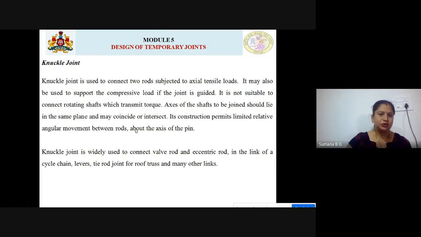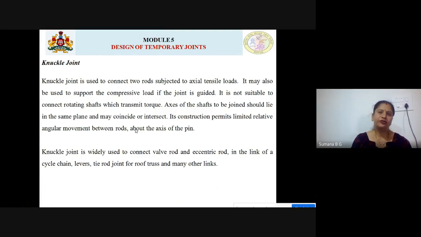Knuckle joint is used to connect two rods subjected to axial tensile loads. It may also be used to support the compressive load if the joint is guided. But it is not suitable to connect rotating shafts which transmit torque. Axes of the rods to be joined should lie in the same plane and may coincide or intersect.